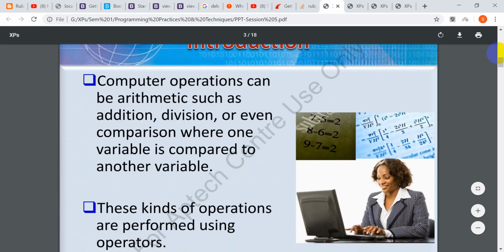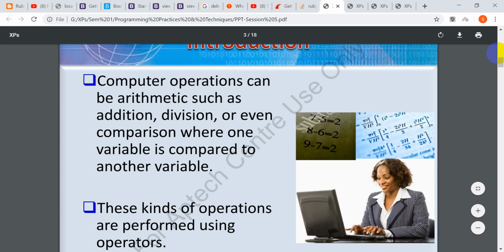So, introduction. They said computer operations can be arithmetic, such as addition, division, or even comparison, where one variable is compared to another variable, right? Compare this one is less than that, or this number is greater than this number.